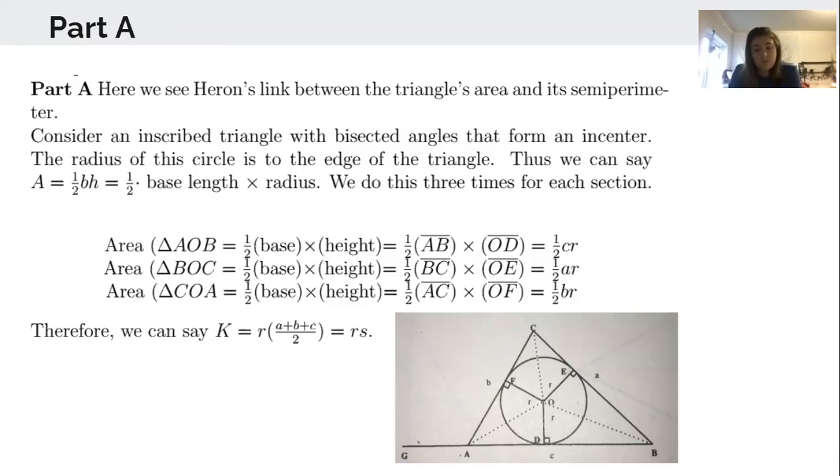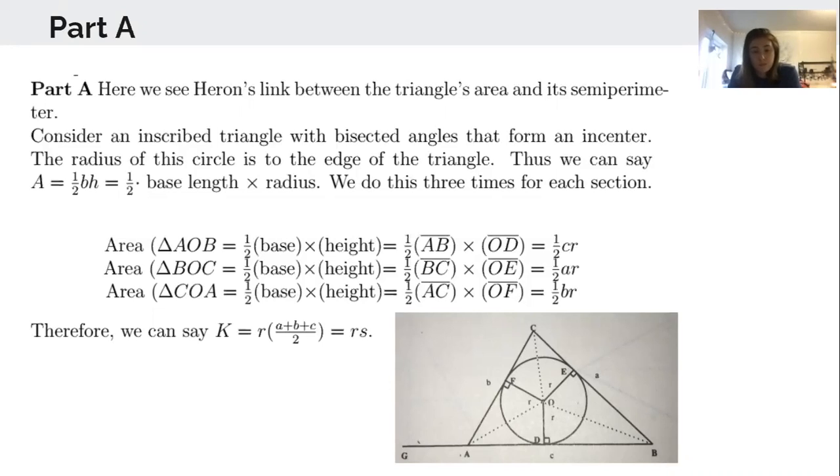Triangle AOB, the bottom triangle, we can find its area from 1/2 the base, which is AB, and the radius, which is the height. So we can do that for each of the 3 triangles. Triangle COB, same thing. Triangle COA, same thing. We can find the area in terms of the base, which we're going to call C or A or B, and then we can add those together. Does that make sense? That's part A basically.